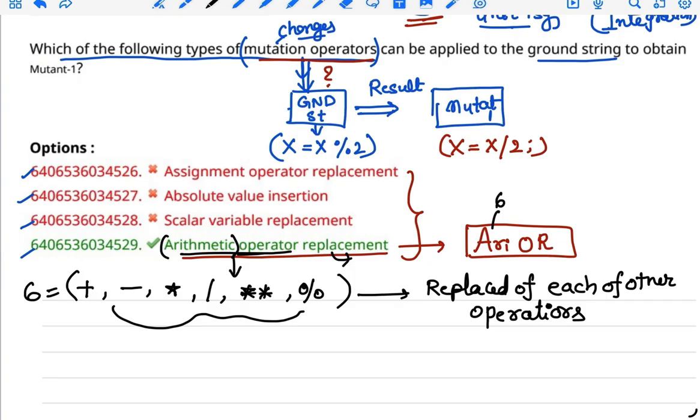If you remember these 6 operators, plus 3 more, total 9 operators, these operators are replaced by each of the other operators.